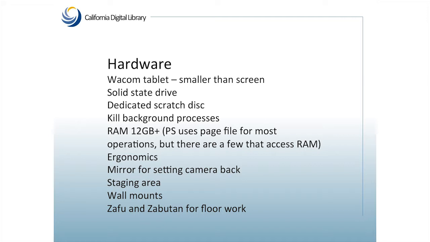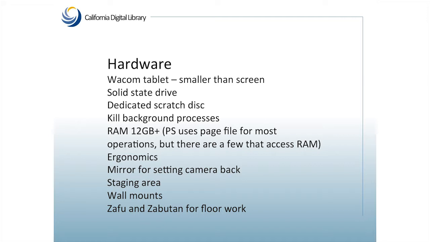Having a neutral background, so no black background, no white, because those compete with whatever you're photographing. Photoshop doesn't care. It's going to look for contrast, and if it sees a black background with a white speck on it, that looks great to the software. So just give it a gray, flat, even background. And then ergonomics.